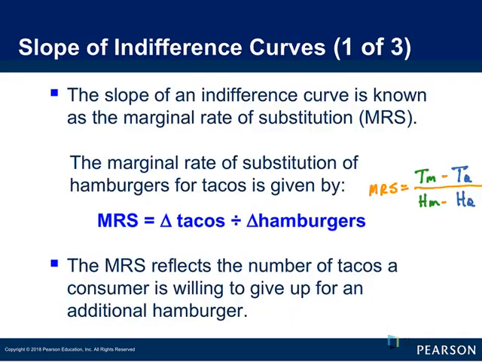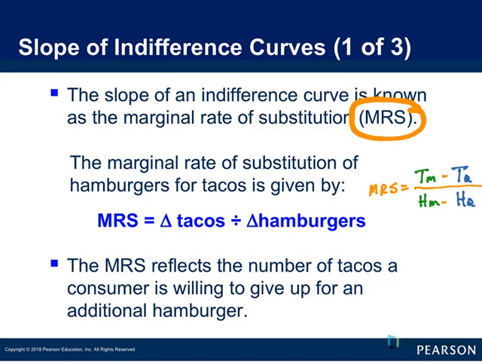Let's have a quick conversation about a concept called the slope of the indifference curve, which is measured by the marginal rate of substitution. It's measured by the MRS. The marginal rate of substitution is pretty easy to figure out.